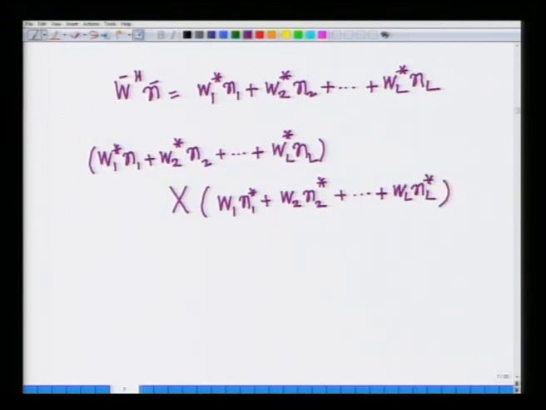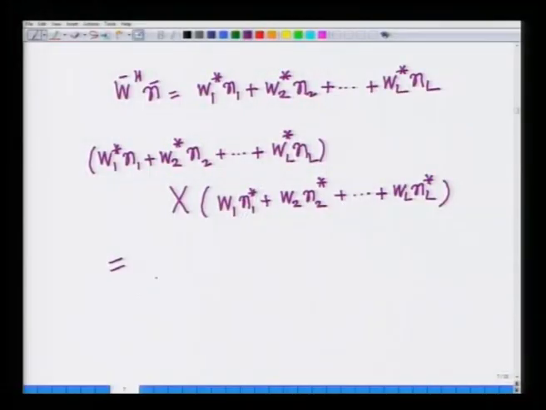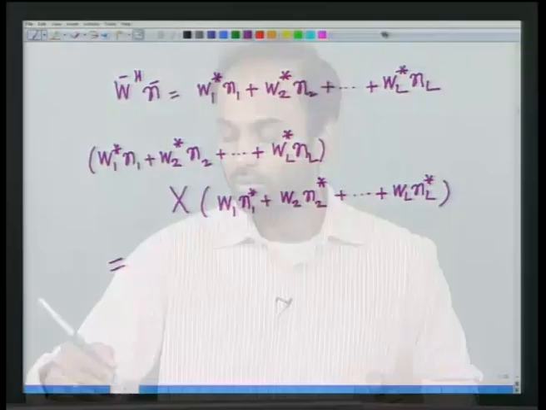Now, this is the product of two summations. I will use succinct summation notation here, because otherwise it is too lengthy to write. This will have the direct terms, which is each term with its conjugate.